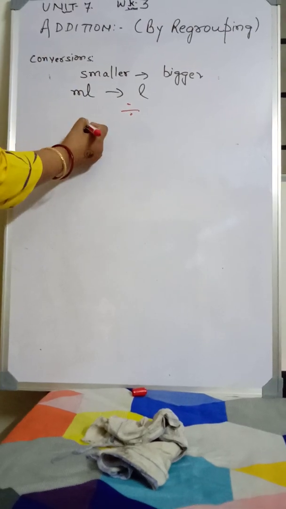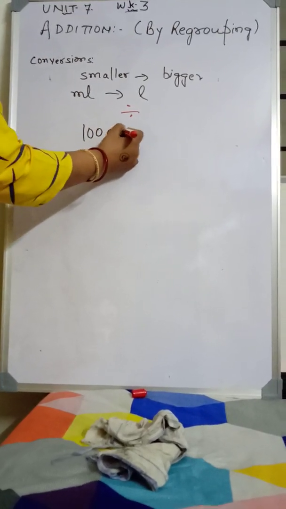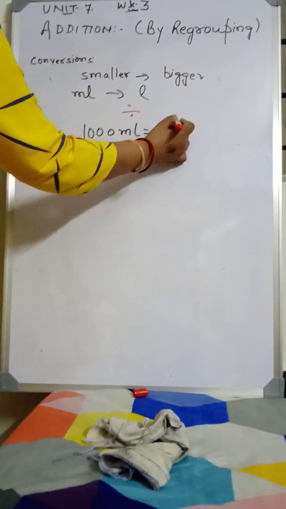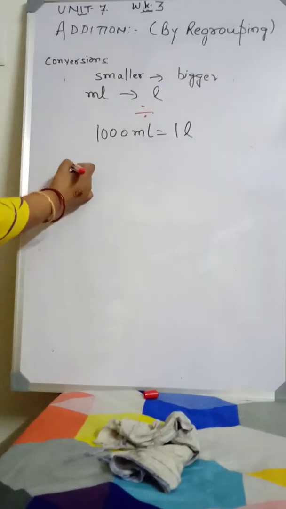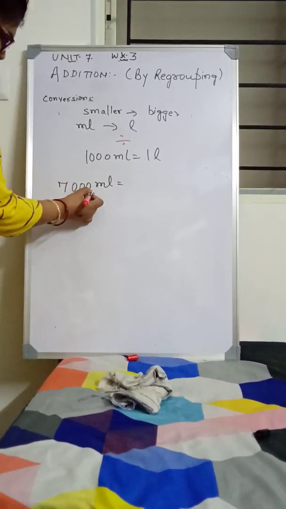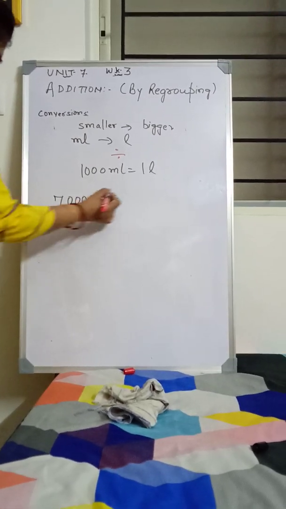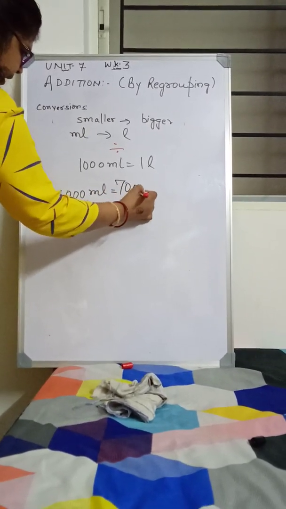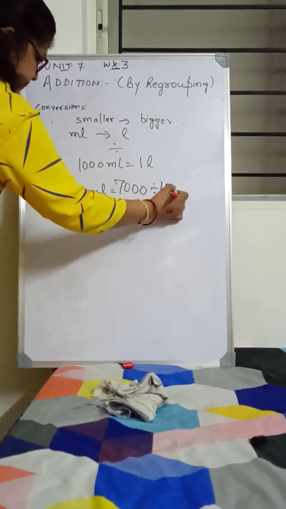And always remember that 1000 milliliter is equal to 1 liter. Correct? Now for example, it is 7000 milliliter. So how you will convert it? Just divide the number of milliliter, 7000, by 1000.